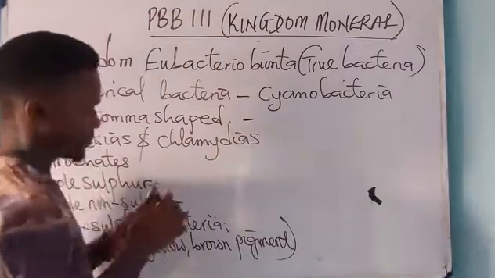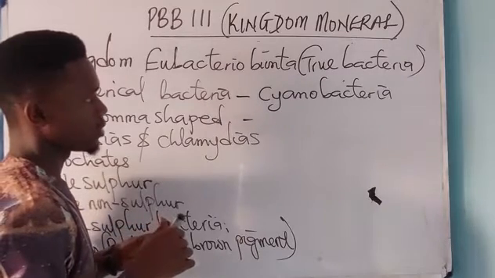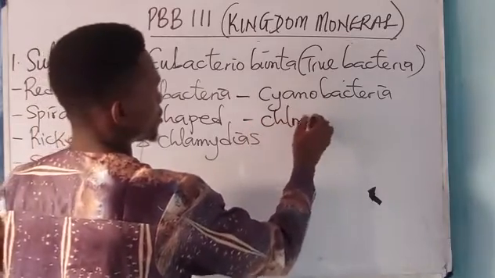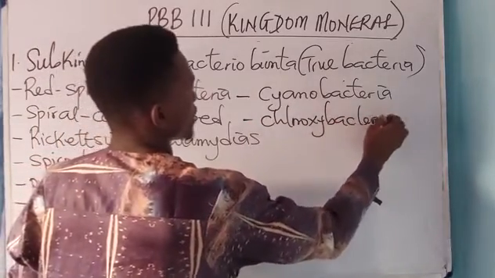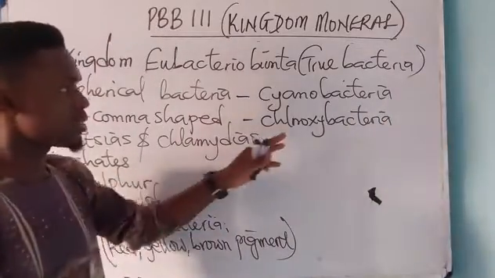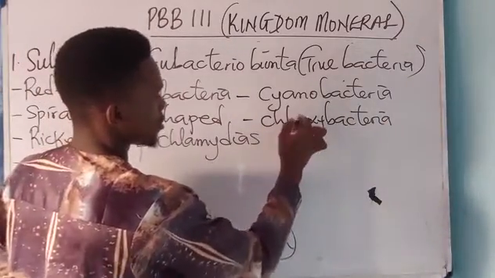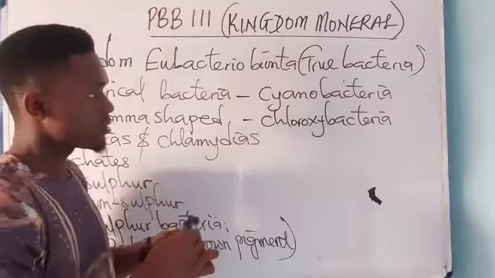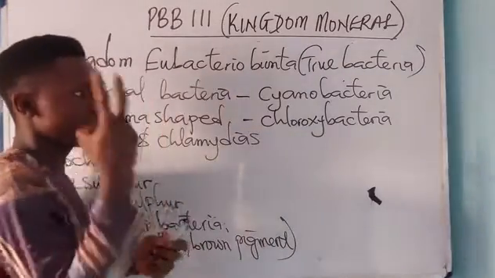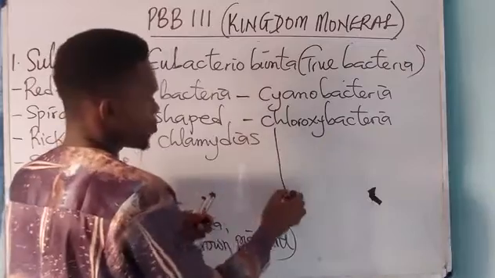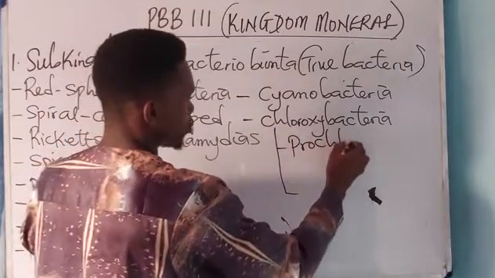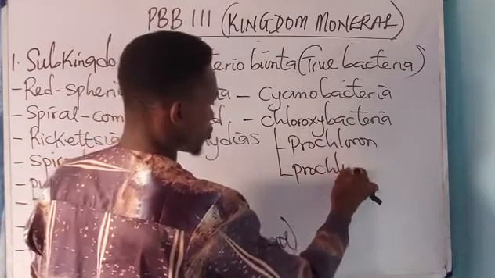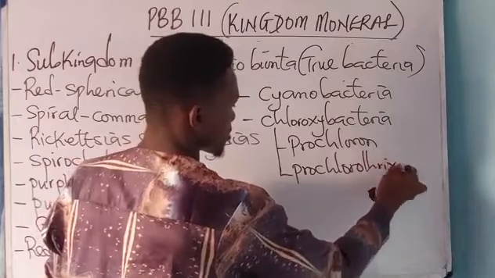Now you also have the chlorox bacteria. These chlorox bacteria have two components, prochlorón and prochlorothrix.